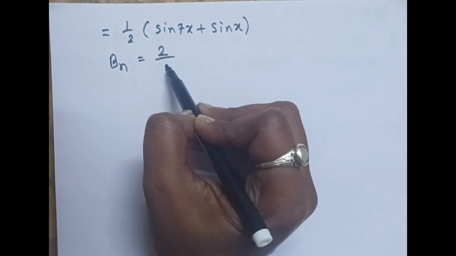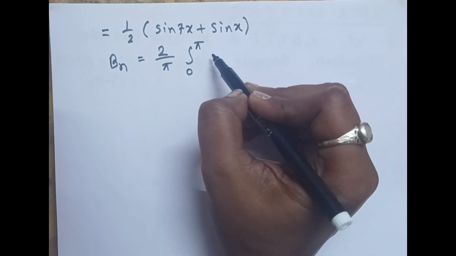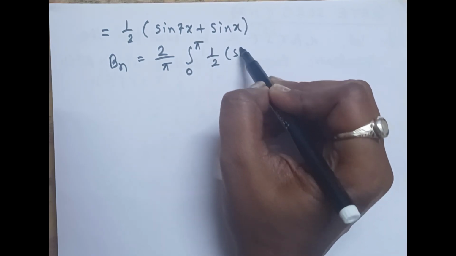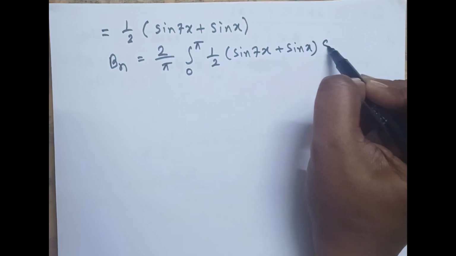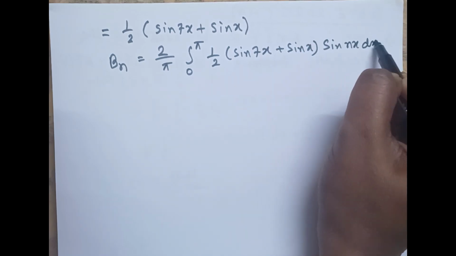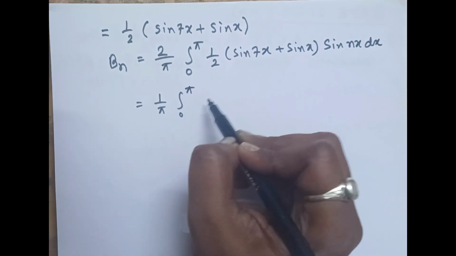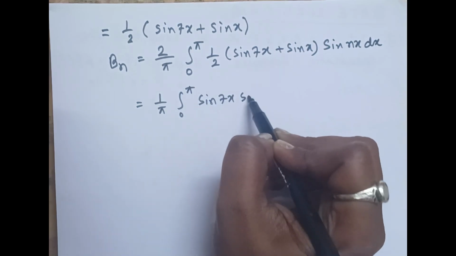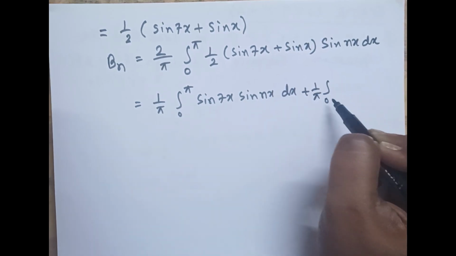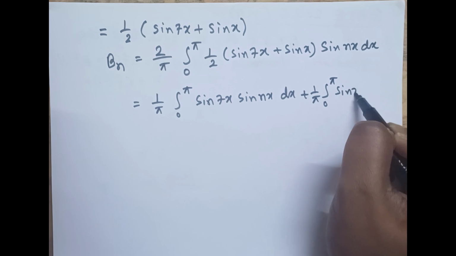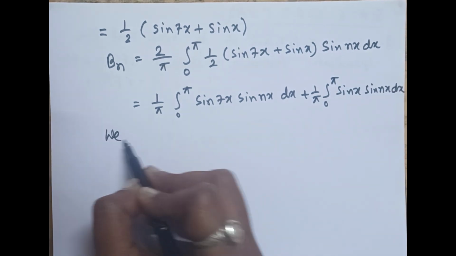Now bn will be 2 by pi integration 0 to pi f(x) sin nx, so f(x) is 1 by 2 (sin 7x plus sin x) with sin nx dx, which equals 1 by pi integration 0 to pi of sin 7x sin nx plus sin x sin nx, because we can cancel out this 2 with the 1 by 2 and distribute.